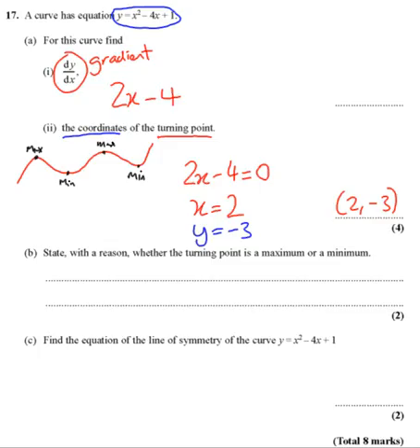The easiest way to do this one is to look at the graph. It's a quadratic, and quadratics are either happy face or sad face. The reason you can tell whether they're happy face or sad face is whether the number in front of x squared is positive or negative. In this case, you've got just x squared, which means there's an invisible 1 there. So 1 lot of x squared, the x squared value is positive.